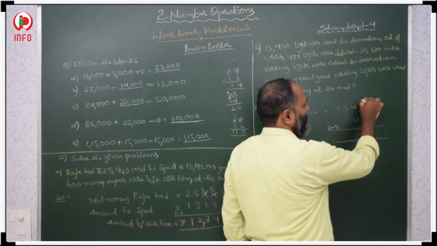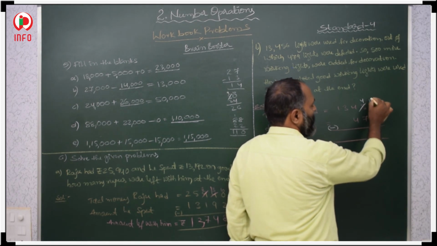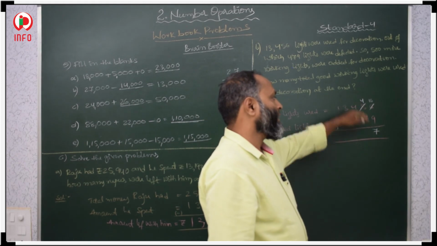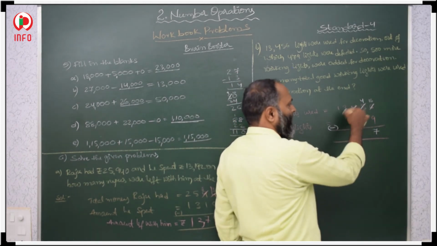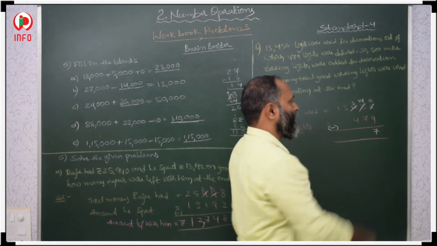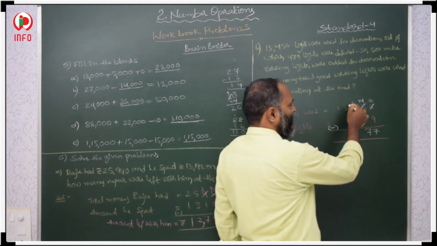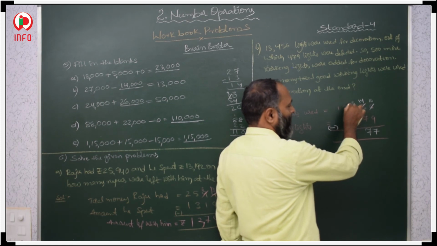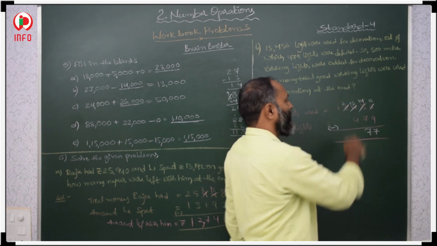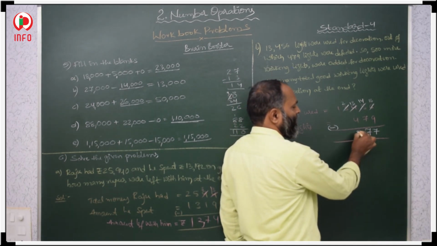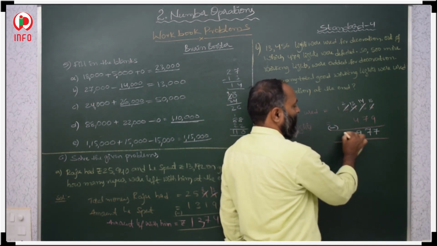It will decrease by 1, this increases by 10. 16 minus 9 is 7. 4 minus 7, then it is less, take borrow from here. It will decrease by 1, it will increase by 10. 14 minus 7 is 7. Then after that again, take borrow from here, it will decrease by 1, increase by 10. 13 minus 4 is 9. And 2 and 1.